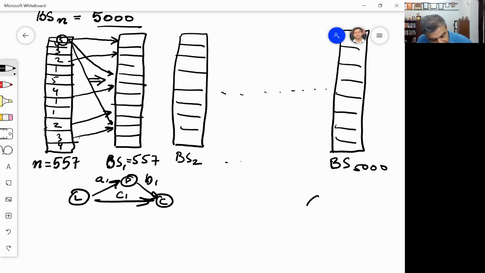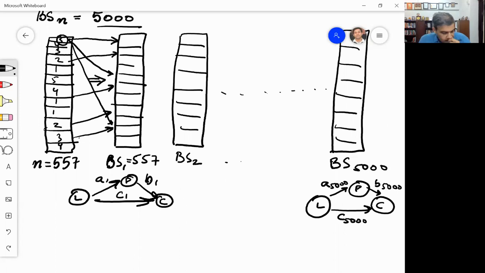Okay. And it will get A 5,000, B 5,000, and C 5,000, right? So basically, it will estimate this model on the first sample. It will get a value of A1, B1. It will estimate this model on the second sample.